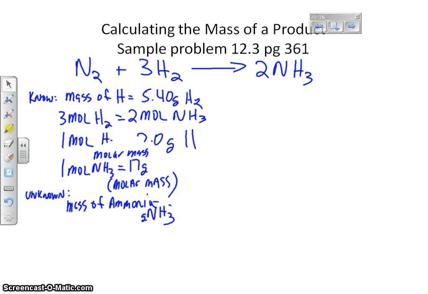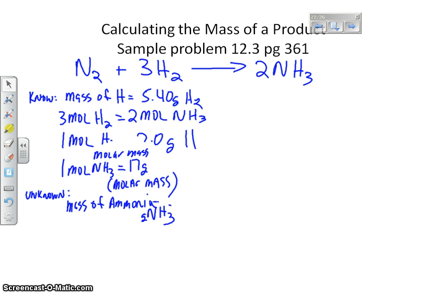Okay, our sample problem is calculate the number of grams of NH3 produced by the reaction of 5.4 grams of hydrogen with an excess of nitrogen. The balanced equation is N2 plus 3H2 produces 2NH3.